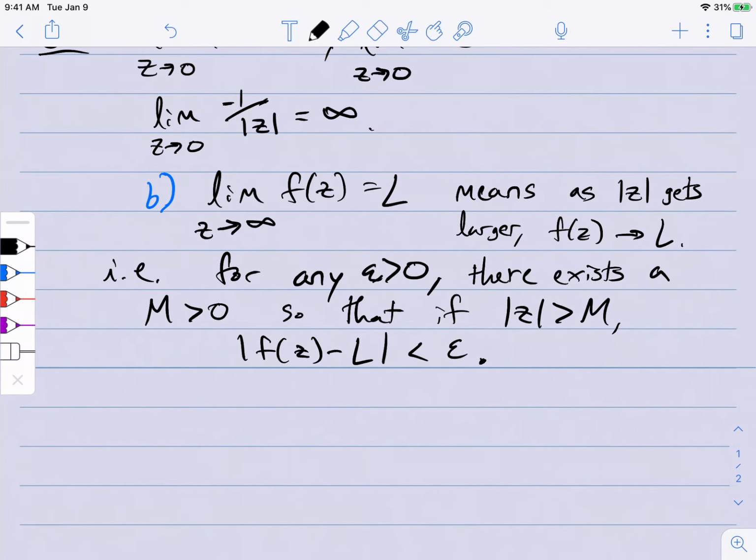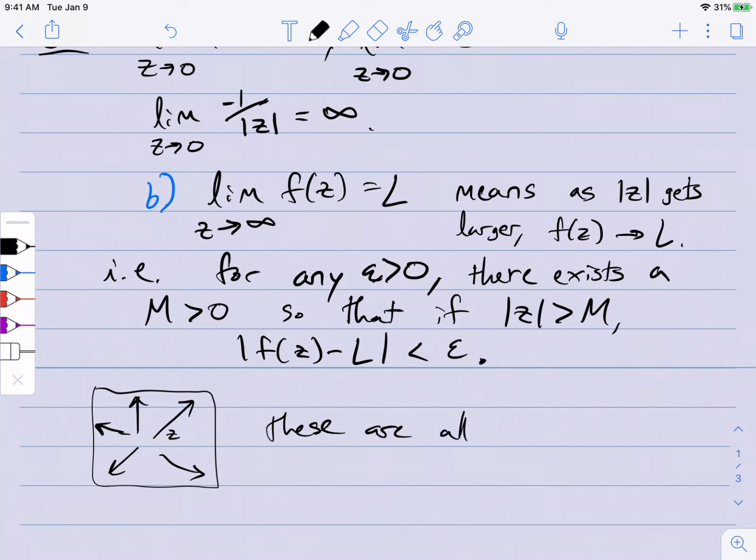And again, let me just emphasize that we're looking at all different paths of z so that the modulus is getting larger and larger. And so we can go in lots of different directions, and in all these directions, f of z has to still be approaching the same number L. So these are all paths that z can take to infinity.